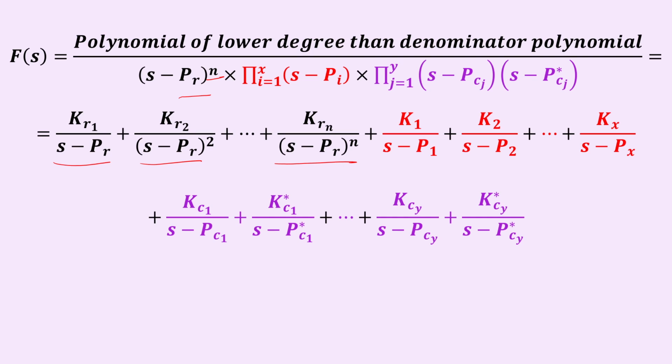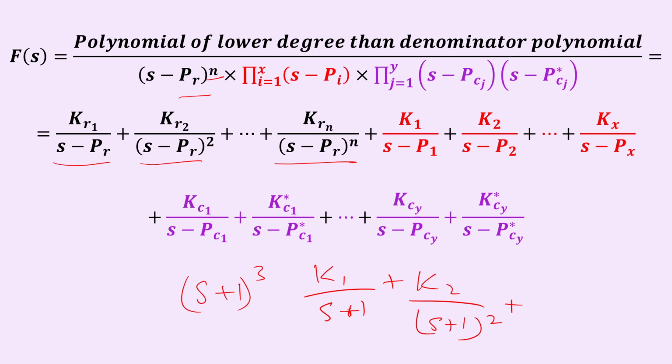For example, if we have the highest repeated factor as (s plus 1) cube, then this will be transformed as k1 over (s plus 1), the first order factor, plus k2 over (s plus 1) square, plus k3 over (s plus 1) cube. That's how we do the partial fraction expansion for repeated root terms.